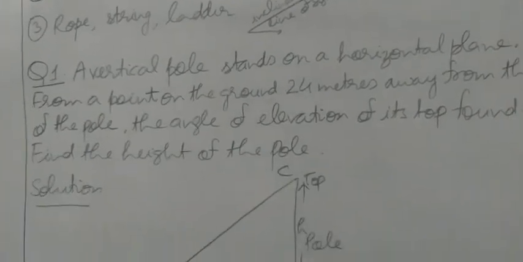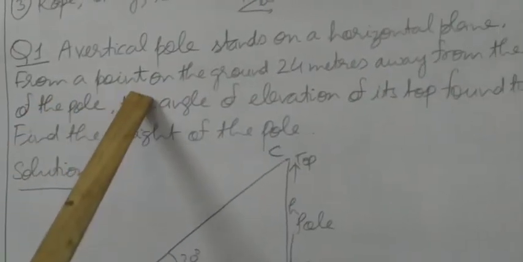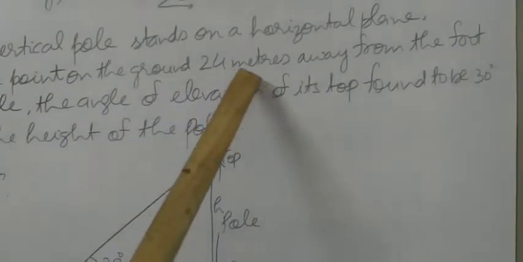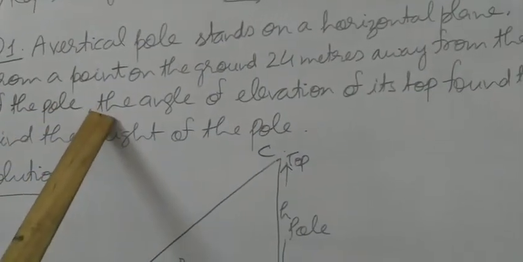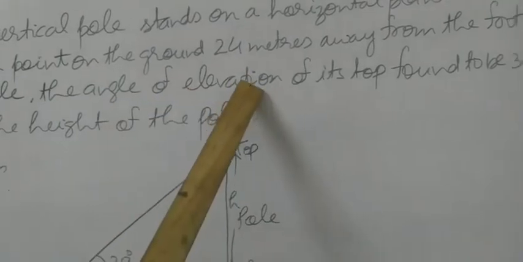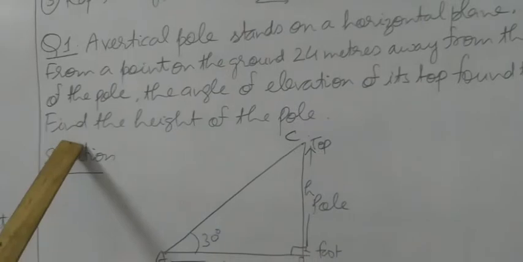Now let us solve one question. A vertical pole stands on a horizontal plane. From a point on the ground 24 meters away from the foot of the pole, the angle of elevation of its top is found to be 30 degrees.